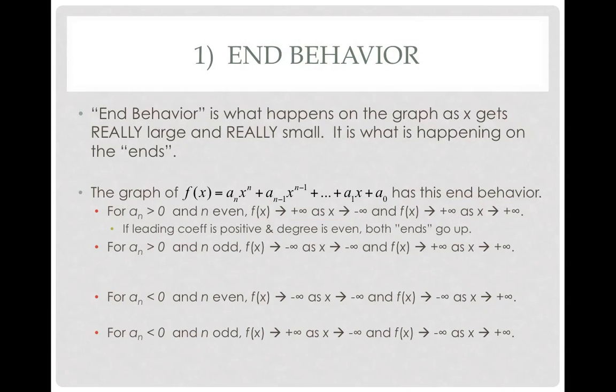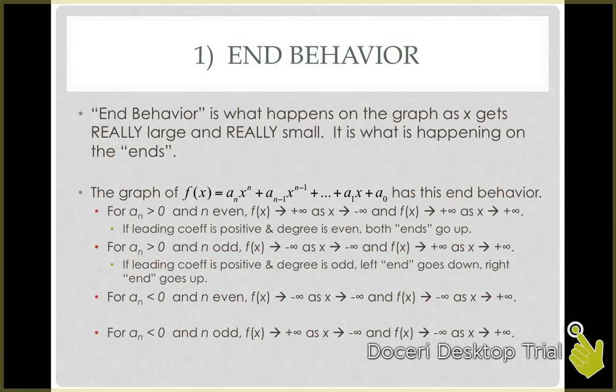Okay, so if we continue that then, my next statement is saying if my leading coefficient is positive and my degree is odd, then it's going to act more like that cubic graph we just saw. So this part is saying that as my x's go to the left, my graph goes down.